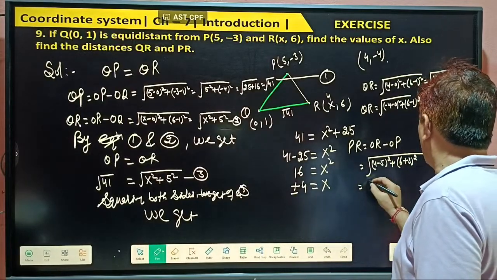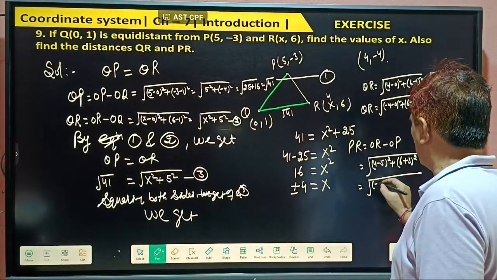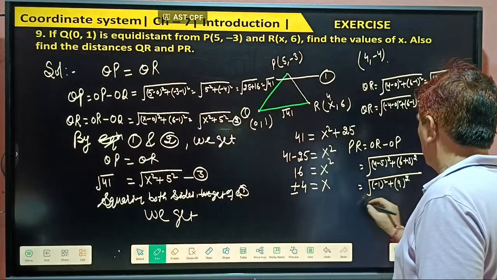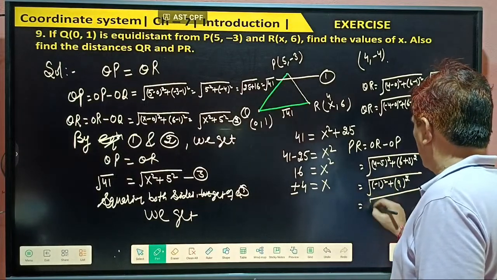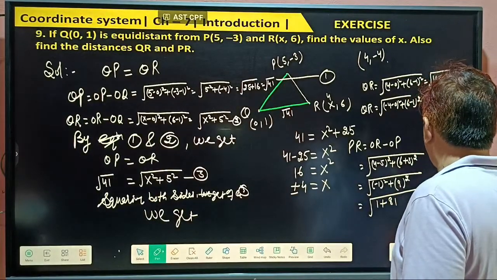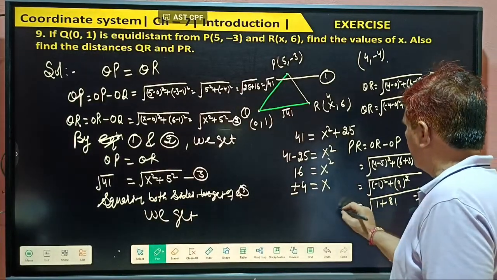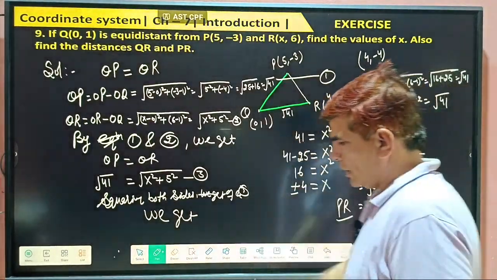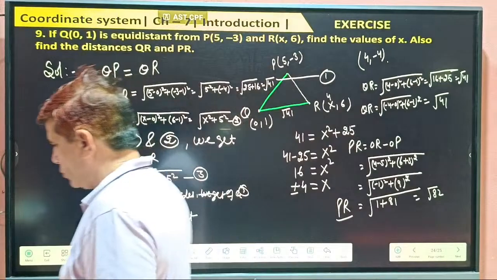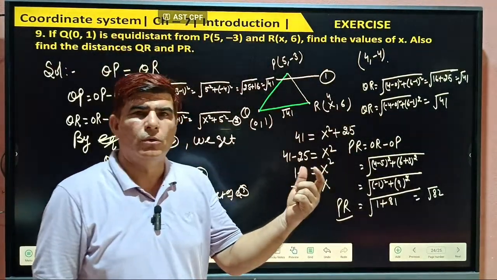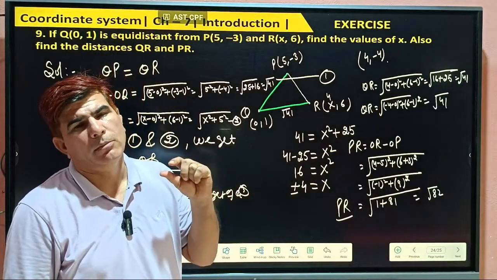So it becomes (minus 1) whole square plus 9 whole square, 1 plus 81, which is equal to under root 82. That is PR. And when taking x equal to minus 4, then also it comes under root 82. So how much is the value of x? Two values. One is 4, other is minus 4.